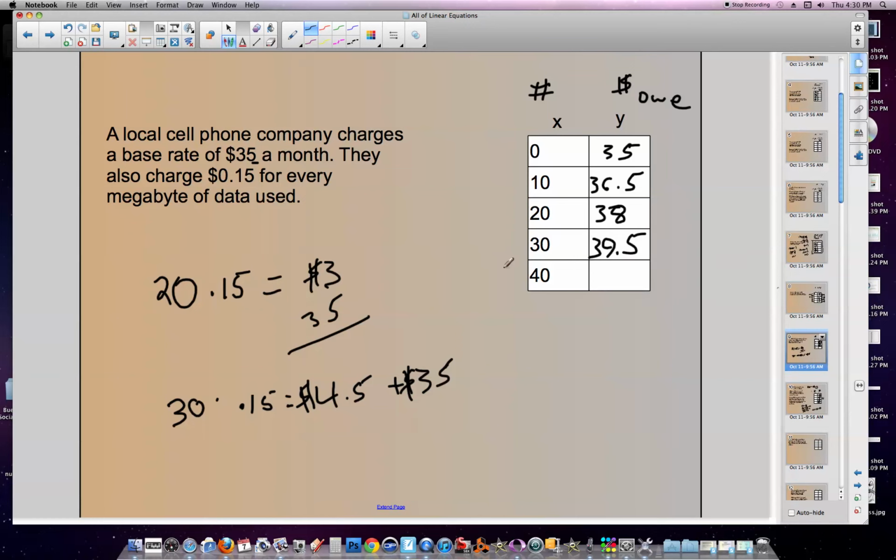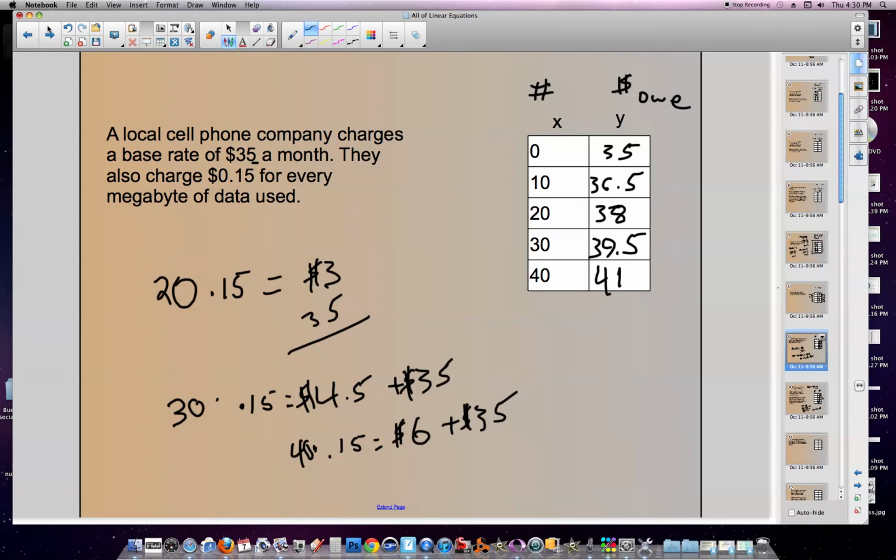And then lastly, we say, what if we use 40 megabytes? So I say 40 times 0.15, which comes out to be $6, plus the 35. Well, 6 plus 35, what does that come out to be? Yep, that comes out to be $41.